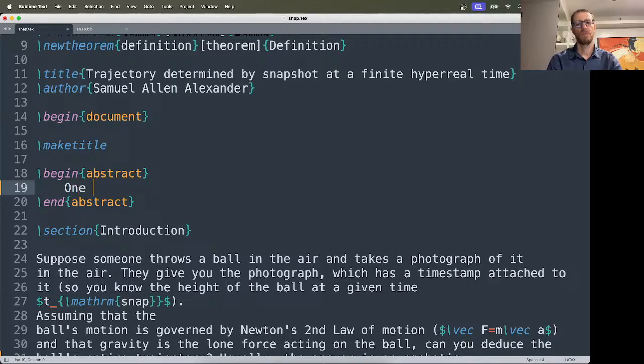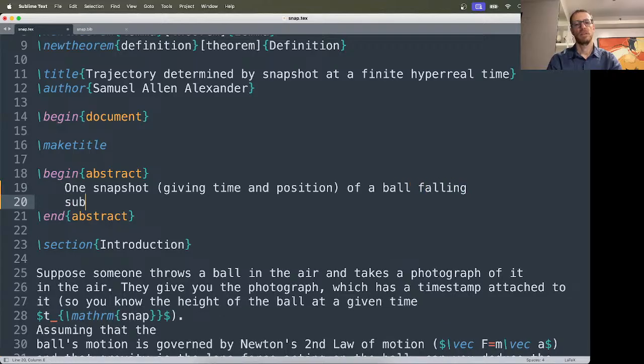One snapshot giving time and position of a ball falling subject to gravity and Newton's second law.